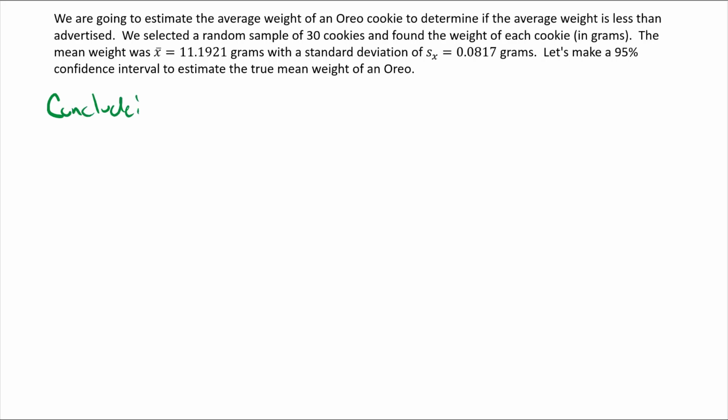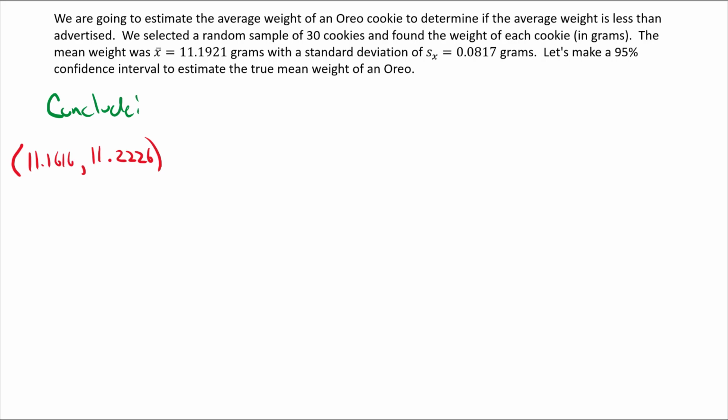Okay. So with this, I'm going to write our interval over here real quick, just so I can make sure we got this set up. So again, it was from 11.1616 to 11.2226.